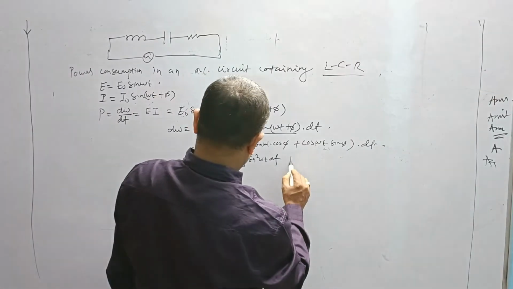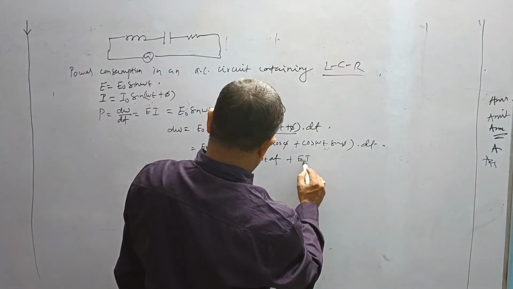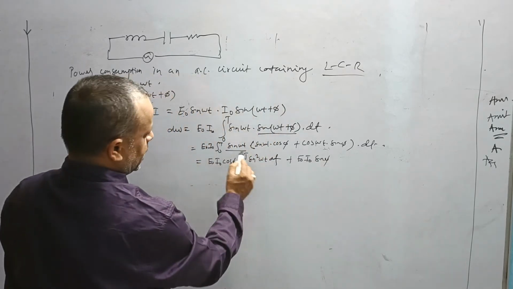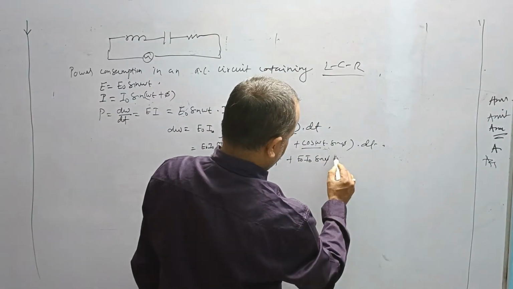Then we have E naught into I naught sin phi, and this sin phi gets multiplied by cos omega t.